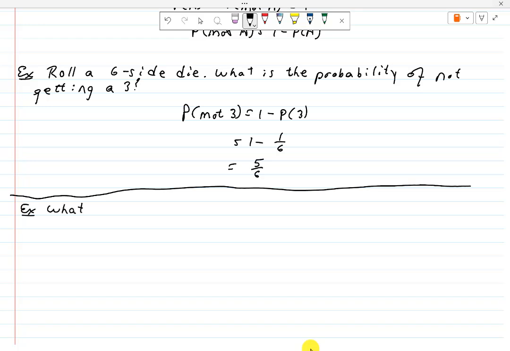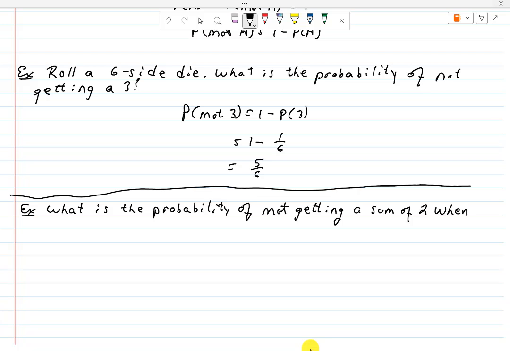What is the probability of not getting a sum of 2 when 2 dice are rolled?